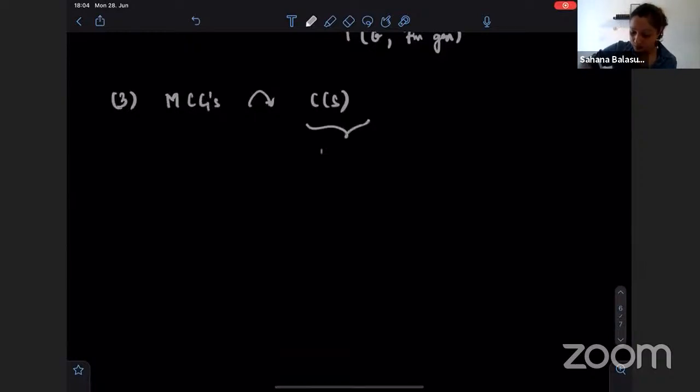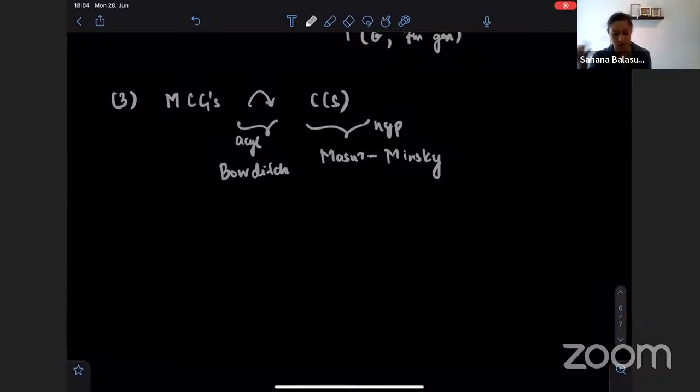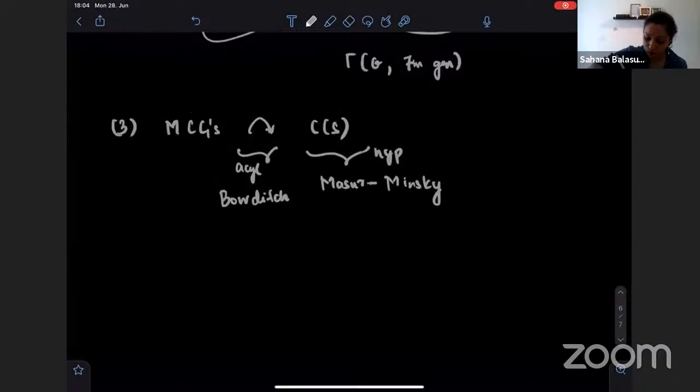So it was Masur-Minsky who showed that the curve complex is hyperbolic. And then the fact that this action is acylindrical is due to Bowditch. And in the higher genus cases, this is also known to be non-elementary, and that puts mapping class groups into the class of acylindrically hyperbolic groups.